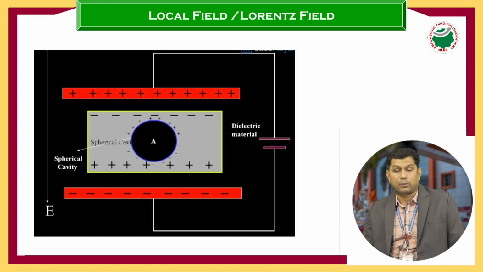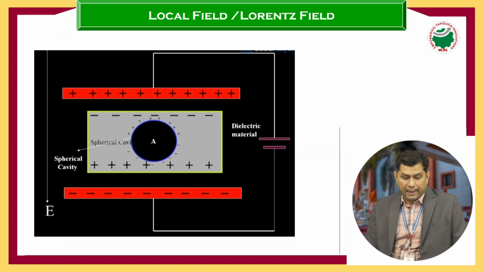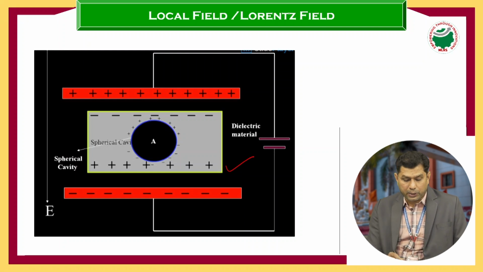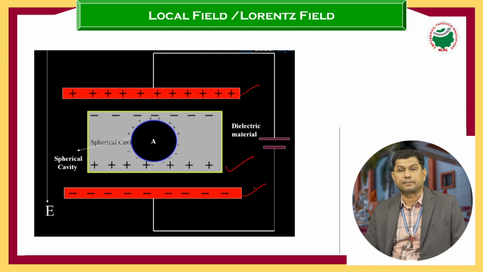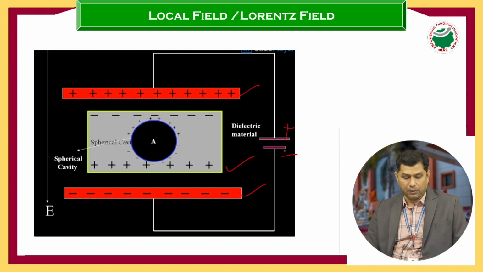Next, we will discuss the local field, internal field, or Lorentz field. Consider a dielectric material. You keep the dielectric material in between the plates of a parallel plate capacitor, let this be positive and this be negative.